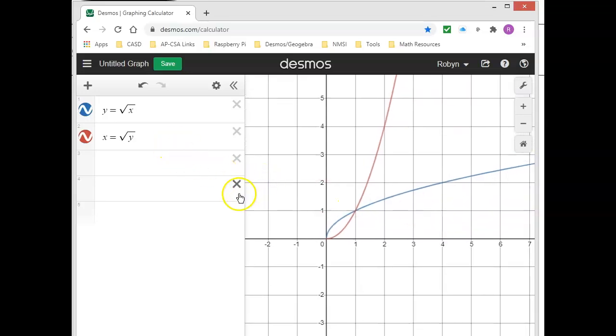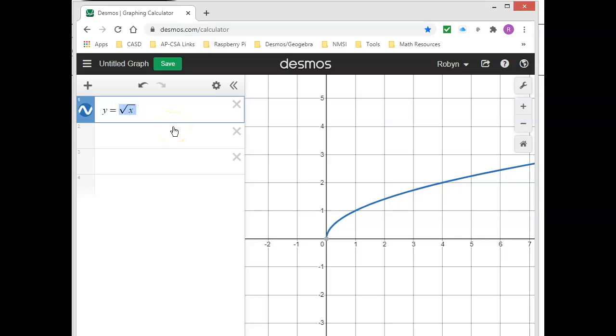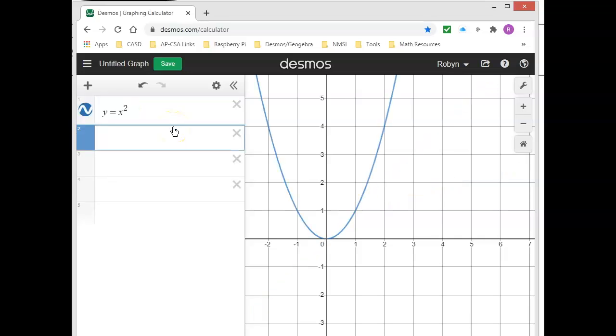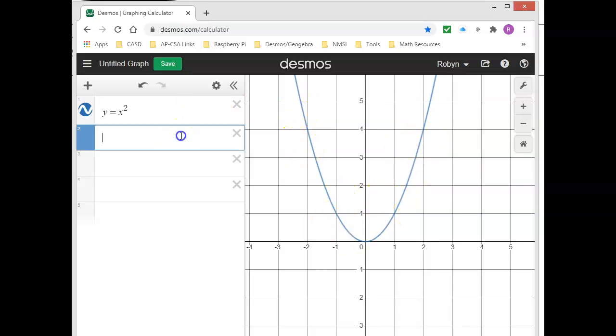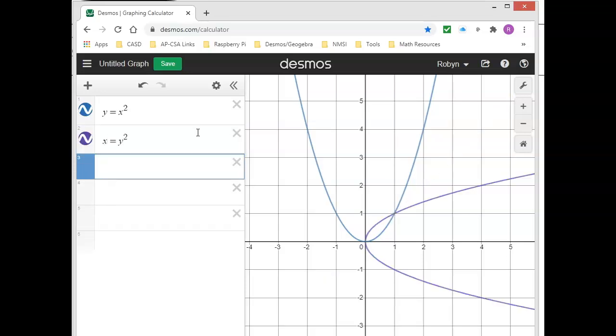Now we don't want to have to graph the inverse every time we want to decide if a function is one-to-one. So what we do instead is we think about something called the horizontal line test. So if I go back here to my original parabola, y equals x squared, it passed the vertical line test, but its inverse, x equals y squared, failed the vertical line test.